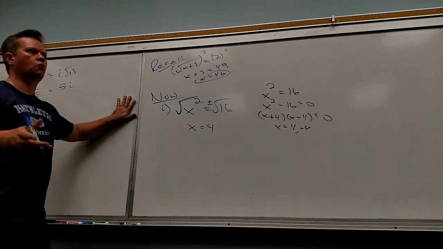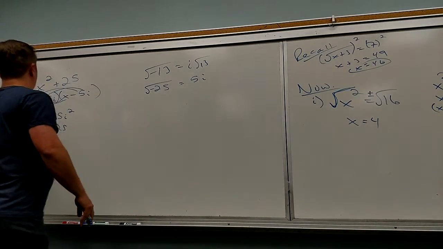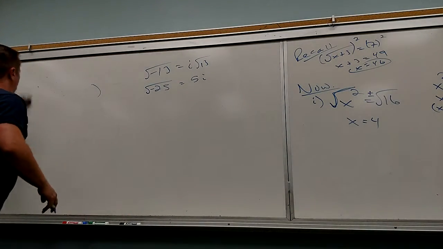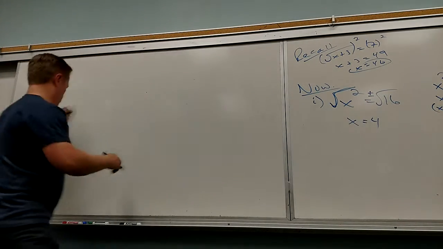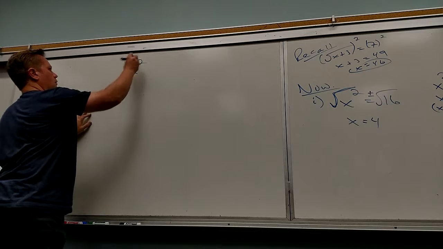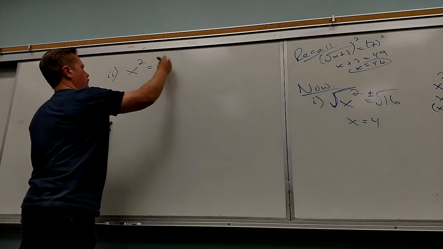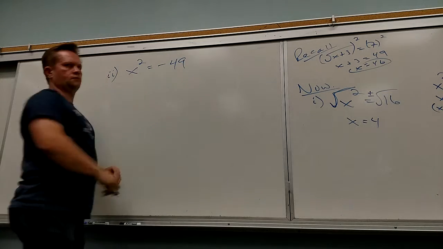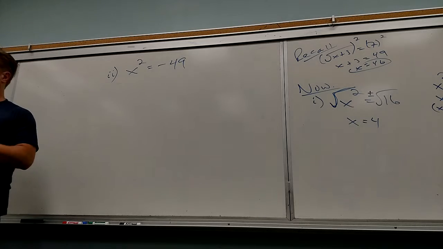All right, so now what if I had this? X squared equals negative 49. Do what to both sides?